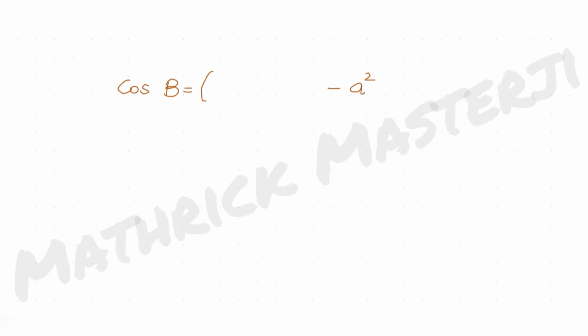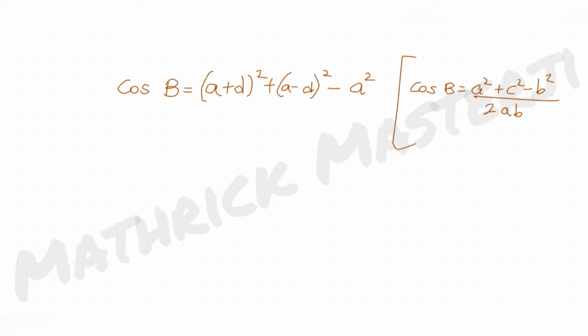So (a plus d) whole square plus (a minus d) whole square. Because I know cos of B is (a square plus c square minus b square) over 2ac. So basically you are taking a and c, which are the sides adjacent to B, and this side is the one opposite to B. So that is the idea I'm applying here.